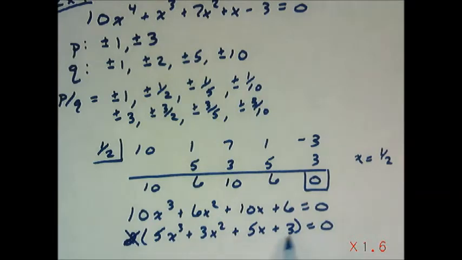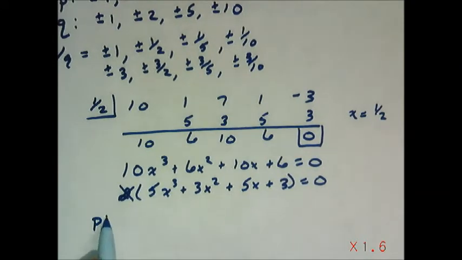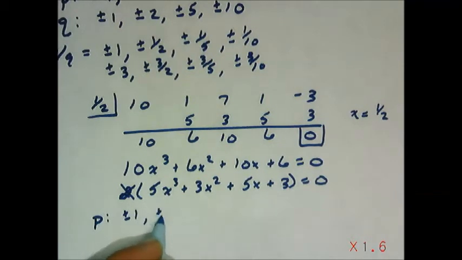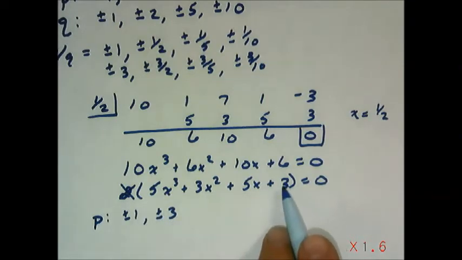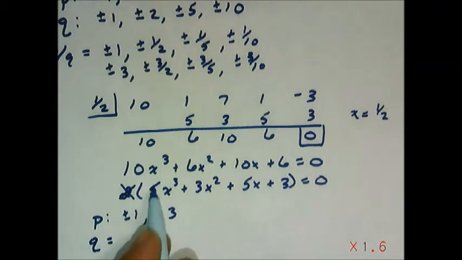So now if I look at this cubic, I can start over with my p-values. Remember, my p-values are the plus or minus 1, plus or minus 3, the factors of the constant term. My q-values are going to be the factors of the leading coefficient. So I get plus or minus 1 and plus or minus 5.